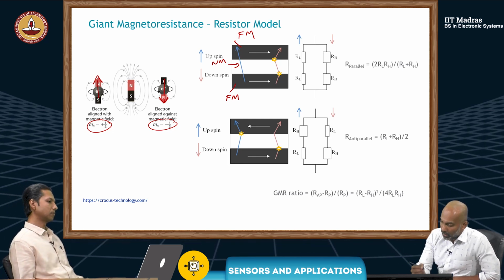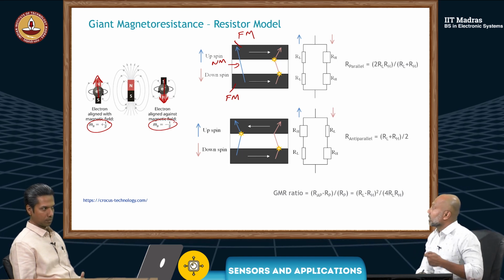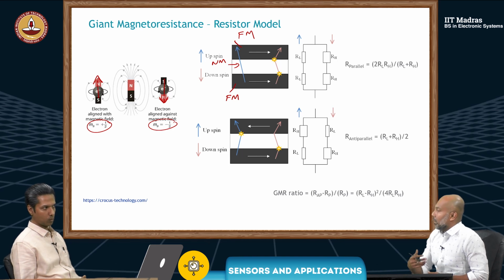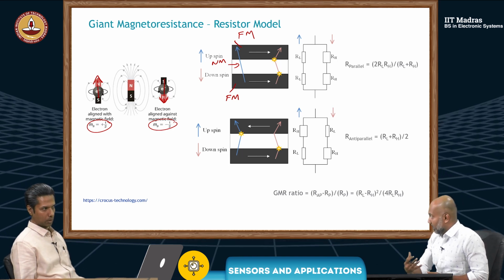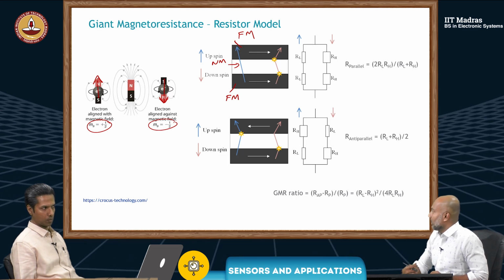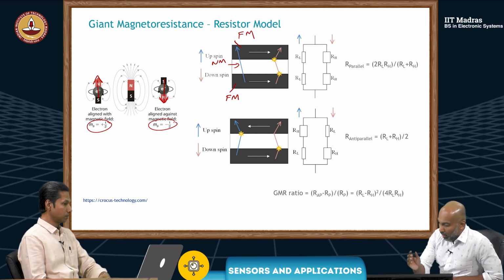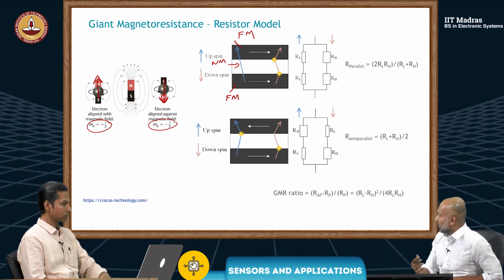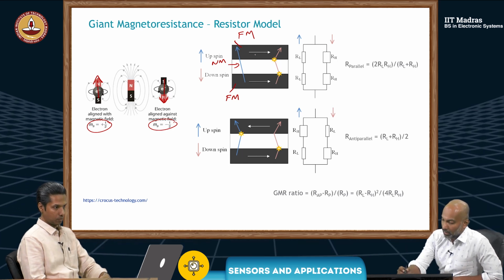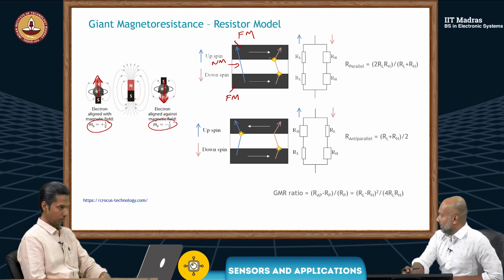Now, let's say you have spin up and spin down electrons. You apply a current to this stack, and when you apply a magnetic field, the resistance changes. You can measure that change in resistance through the change in voltage. Let's say you have spin up and spin down electrons in your current, and your magnetization layers are parallel, as you can see here.